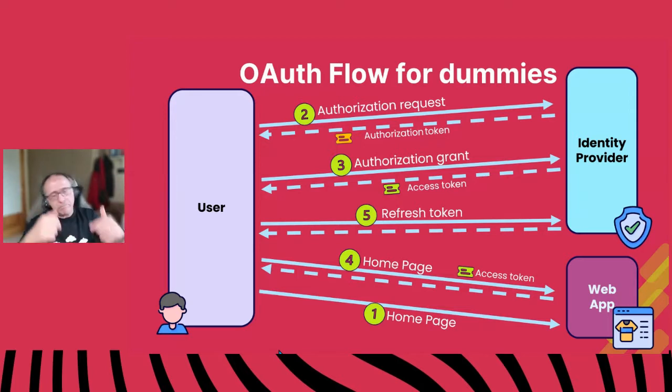So the user will be redirected to the login and so on. So a refresh token is one of the most important things, and also is not in this graph, but you need to store this token in a session related to the user and this session must be secure.